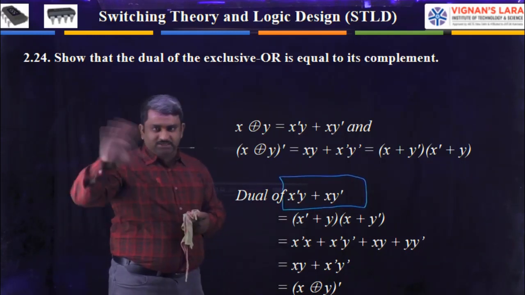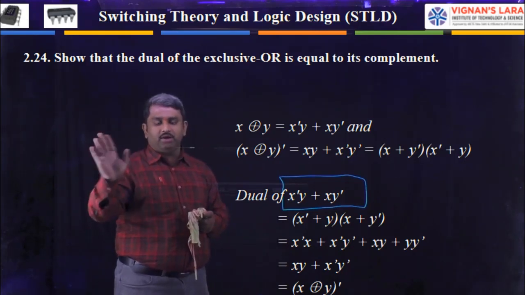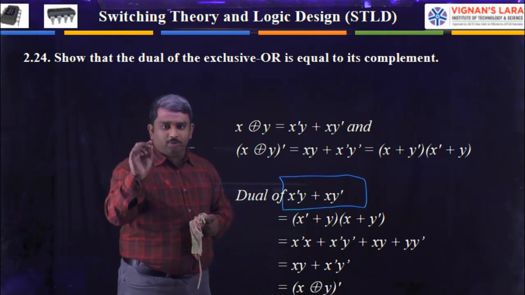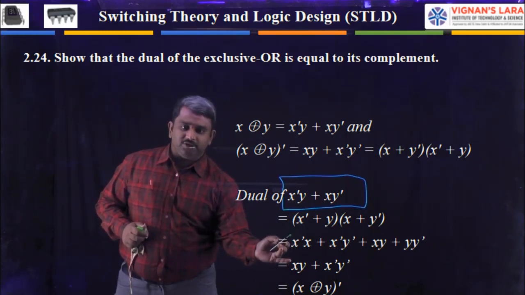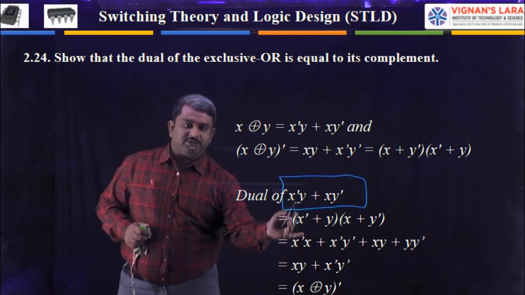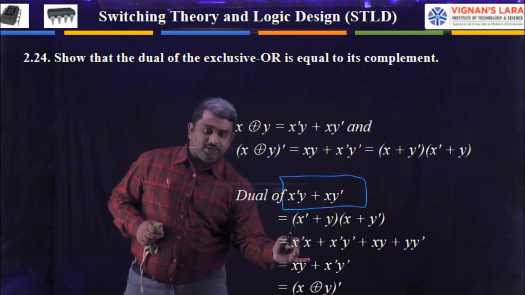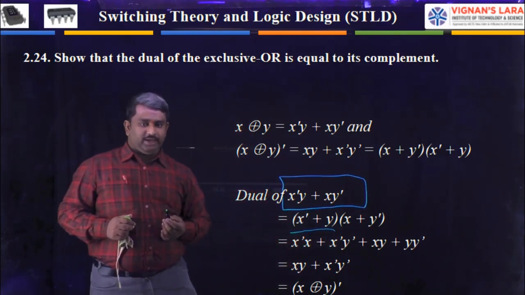X bar does not change, Y does not change, X does not change, Y bar does not change, because those are the variables. Only the AND operation and OR operation change. Coming to the first step, X bar dot Y, the dot changes to plus, that is X bar plus Y.